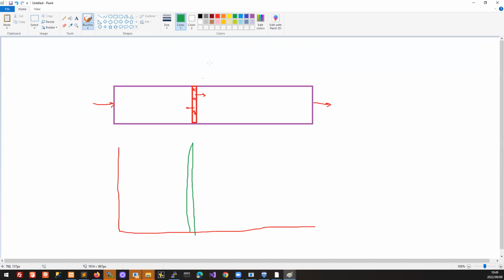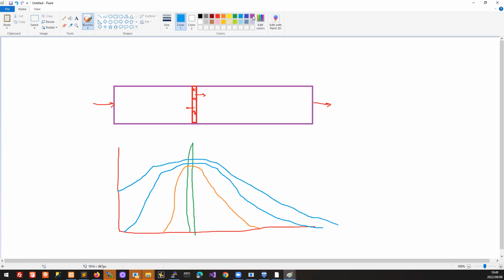And then as you relax that and you let D be other values, then you start to get this. So you get dispersion like so. And then as you let D increase higher and higher, it spreads out even further. And at some stage, you get a curve like this. So what does that curve look like?